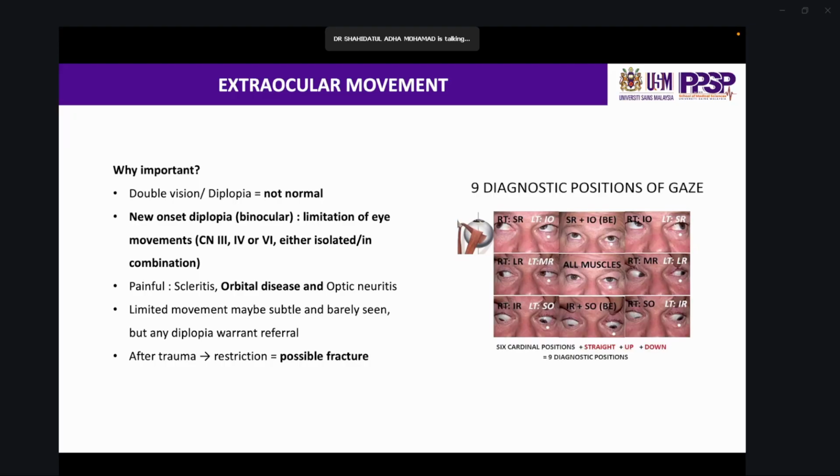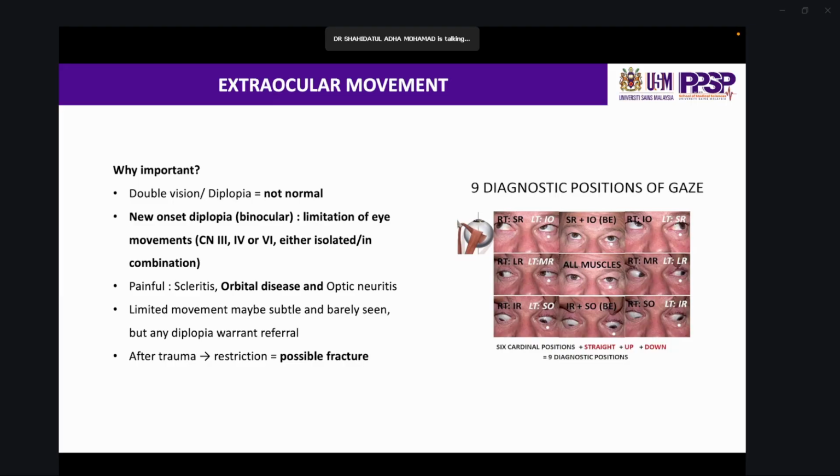In this case, do not assume that the patient is making up symptoms. Please refer to us, okay? Because we have a few other tests to do to assess the EOM as well as to assess why patients complain of diplopia. It could be due to EOM limitations or it could also be due to refractive error.